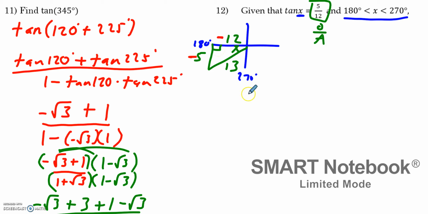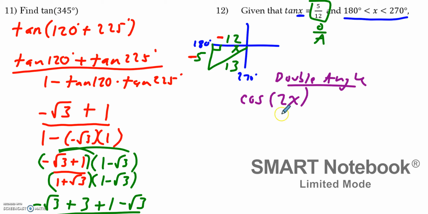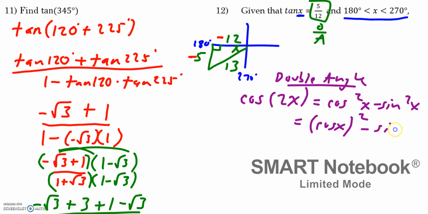So the goal of this problem is to find the cosine of 2x, which is a double angle formula. And there's 3 of them on your identity sheet, but the most popular one is that cosine of 2x is the same as cosine squared x minus sine squared x, which you can think of as cosine x squared minus sine x also squared.